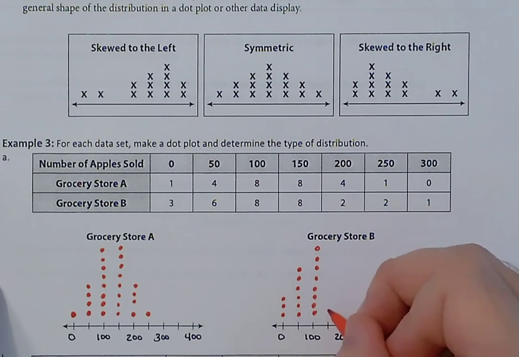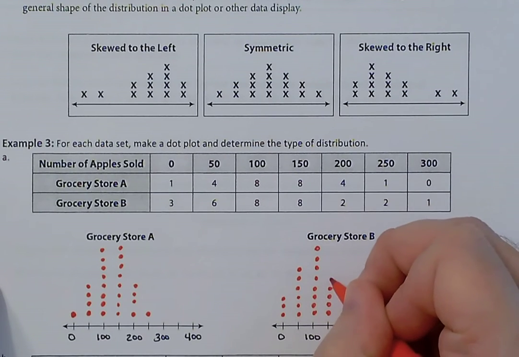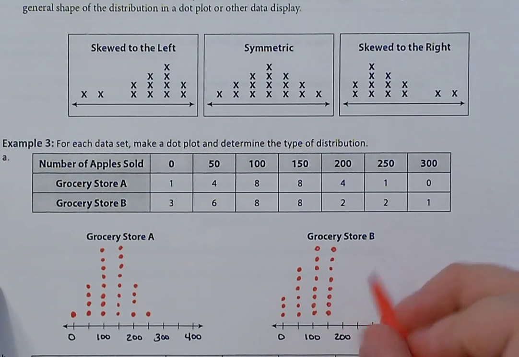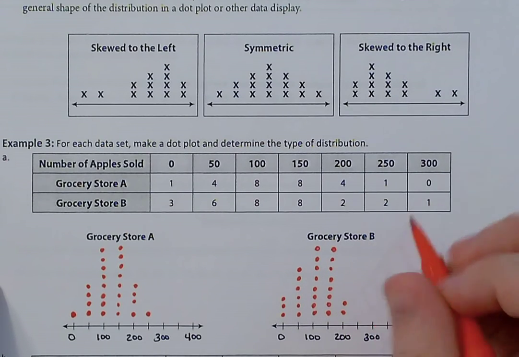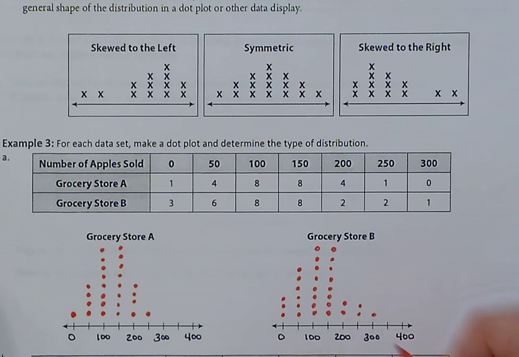At 150, it's 8. At 200, it's 2. 250, it's 2. And then 300, it's 1. So those are our two dot plots for this situation.